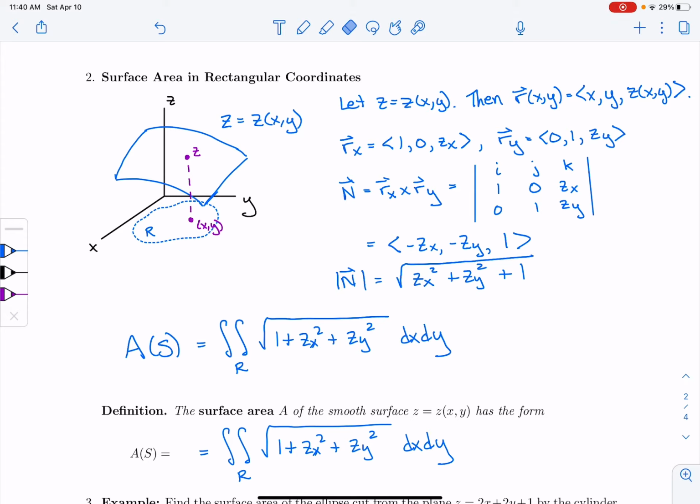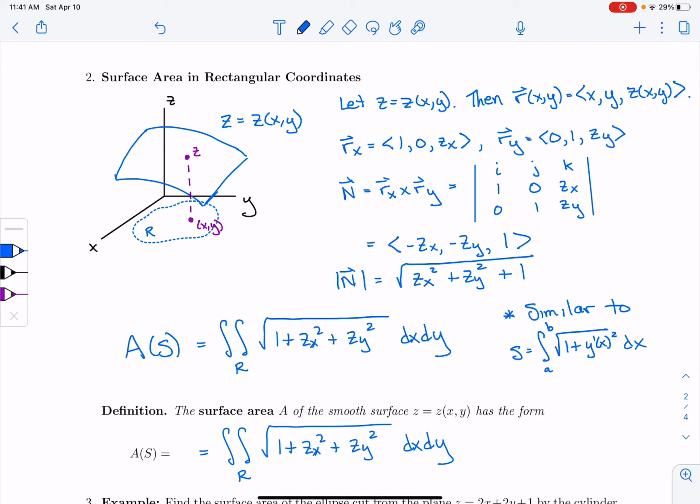This has a nice symmetry to it, because you may recall back in Calculus 2 when we were trying to find the length of a curve defined as y of x, the arc length was the integral from a to b of the square root of 1 plus y prime of x squared dx.